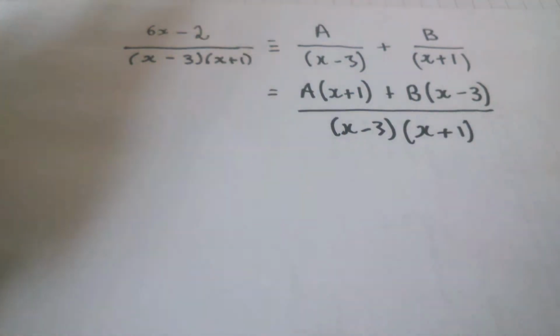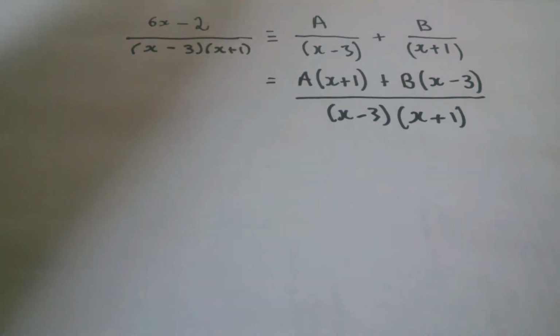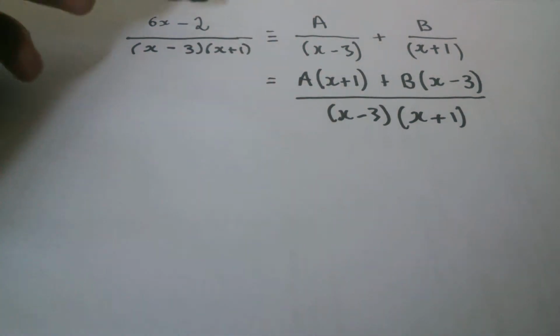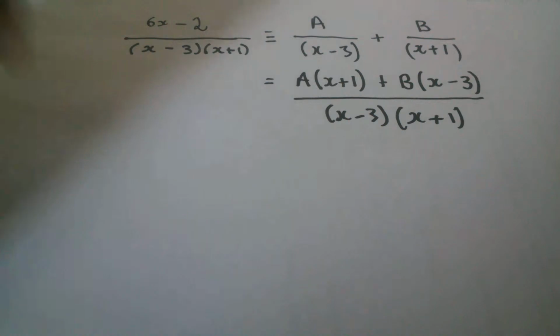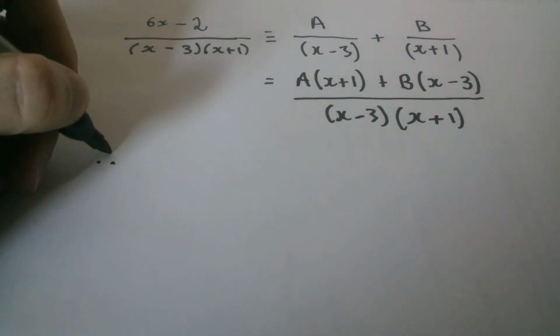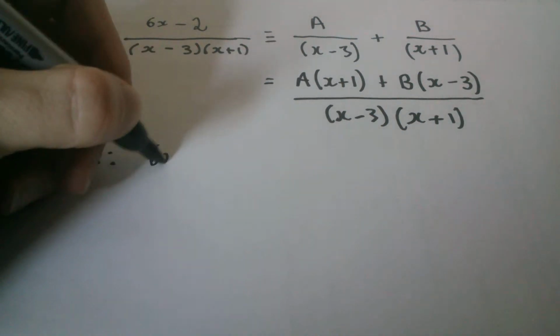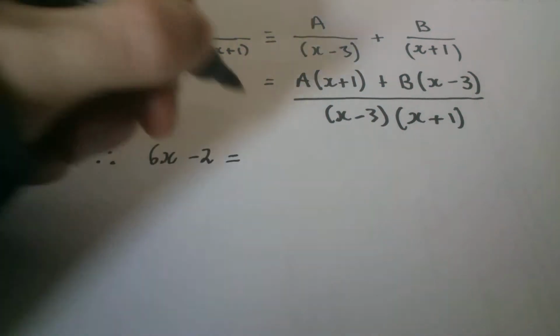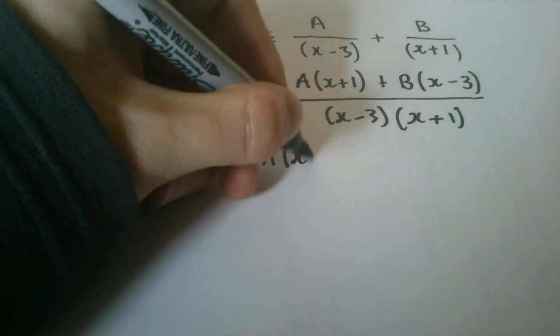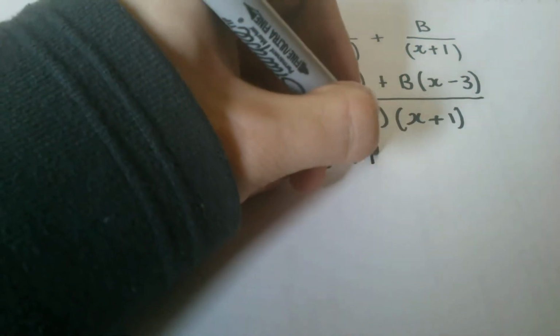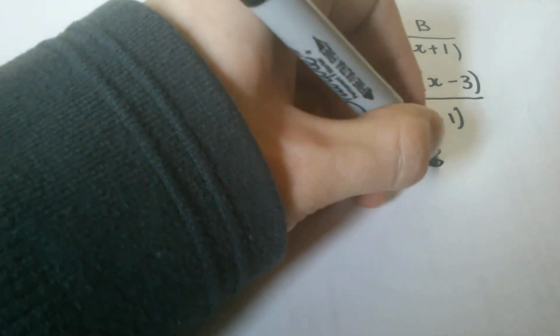Alright. So now you have this. Since this is an equivalence relationship, you can make the numerators equal to each other. Therefore, you let 6x minus 2 equal a(x plus 1) plus b(x minus 3).